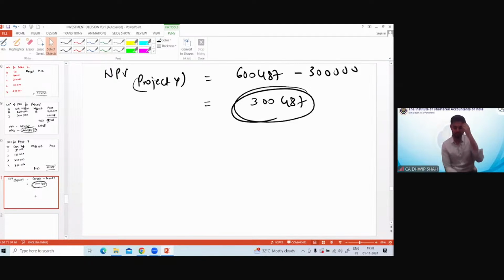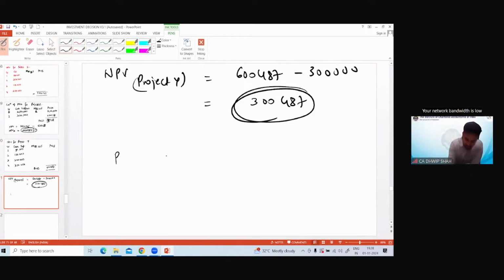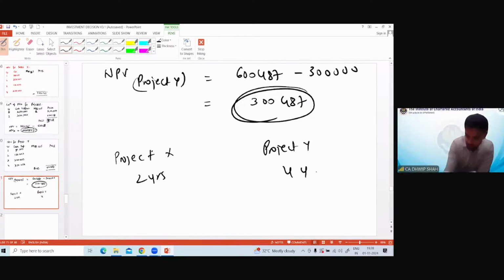Now my question to you, see here, I give you a very simple example. Life of the project X was 2 years, and life of project Y was 4 years. So it is very simple to understand that if I take this project one more time, then project X का life हो जाएगा 4 years.